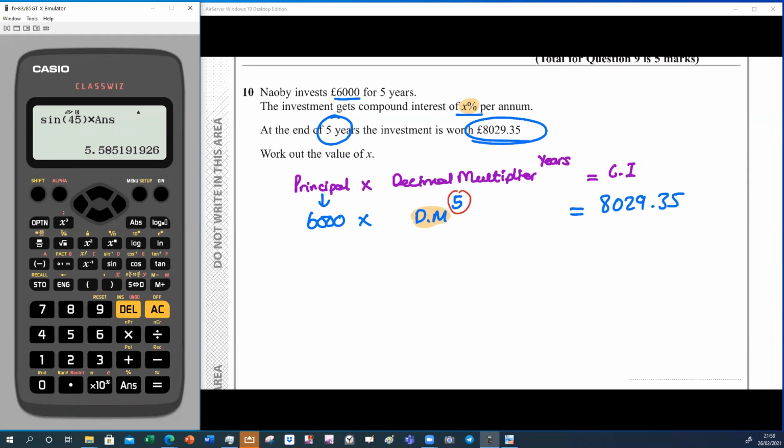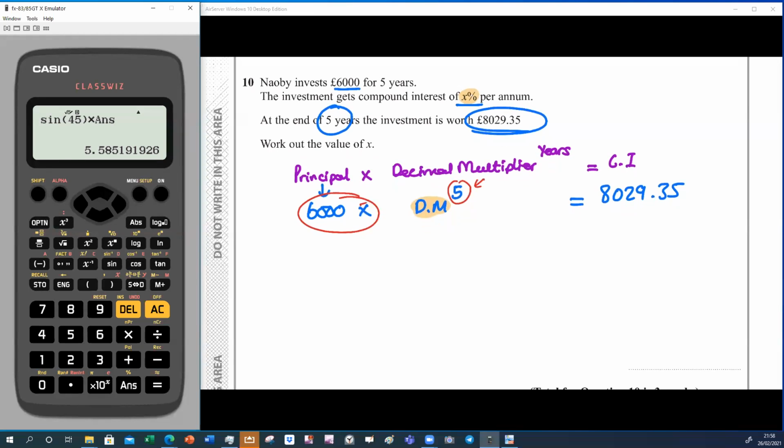So which one shall I move first to make DM the subject? The 6,000. Fantastic, because that's the second action. The first action is the power 5. Opposite of times by 6,000 is? Divided by 6,000. And then what's the opposite of the power 5? Root 5.